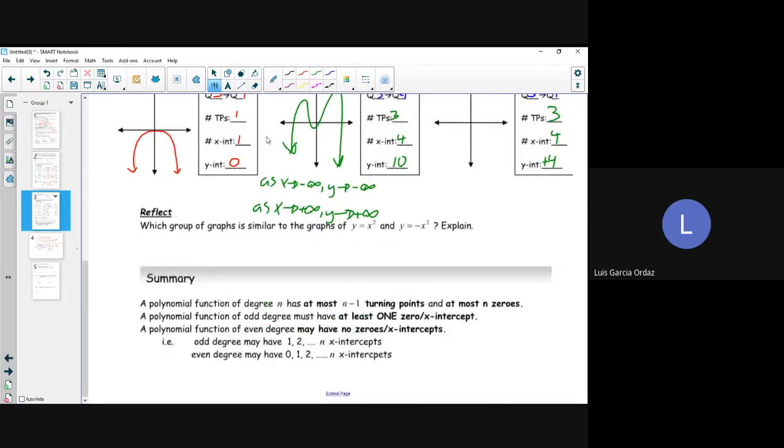Wait, sir, you put positive infinity. Oh, yeah, my bad. Thank you, Yusuf. If I make mistakes, just call me out. I'm not going to get my feelings hurt by you guys.